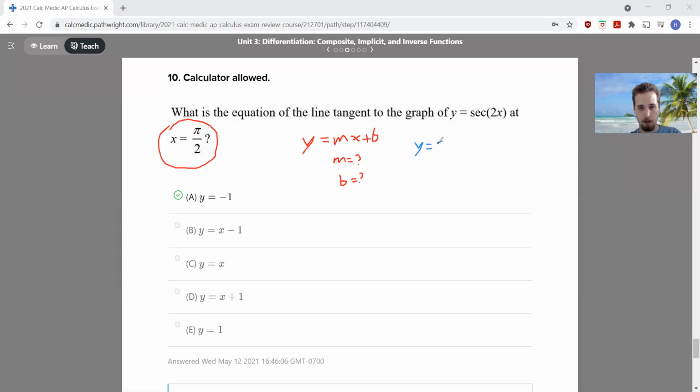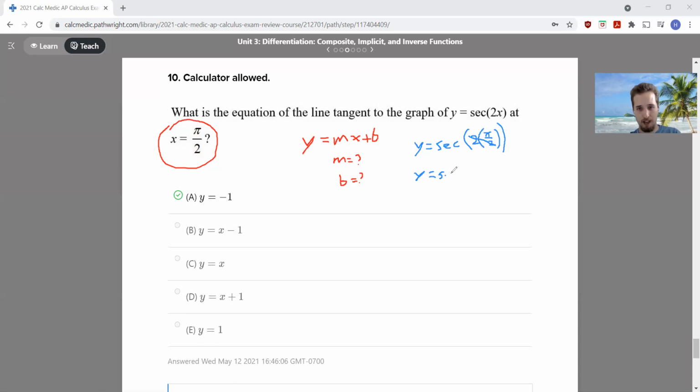So y equals secant of 2x. So when we plug in our x, x is pi over 2. You might be thinking, the 2's cancel out, and I have no idea what secant of pi is.